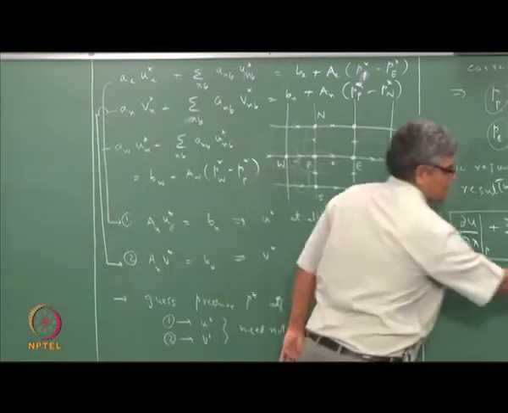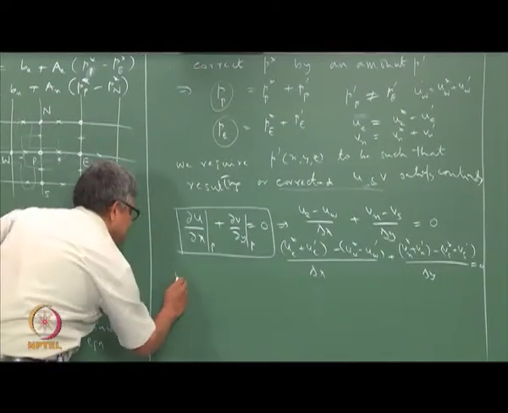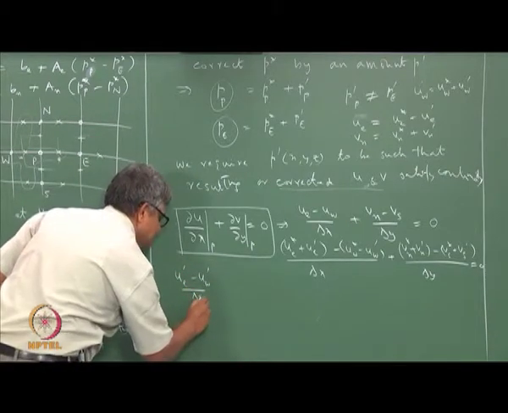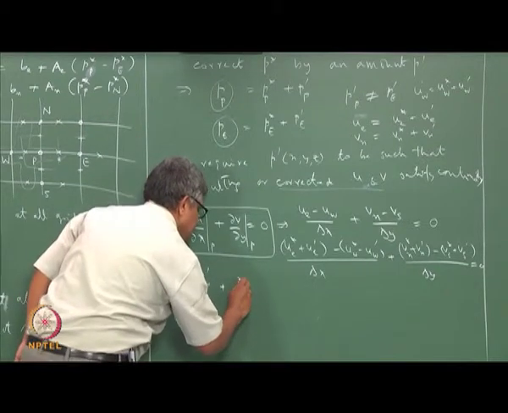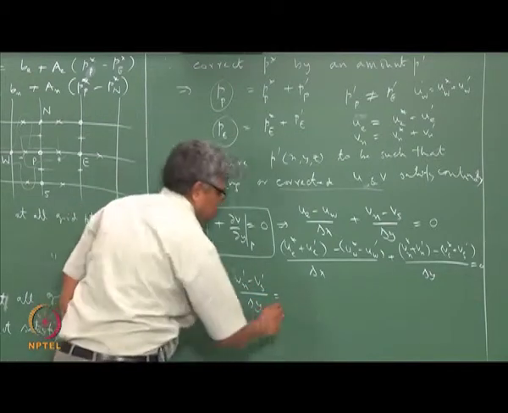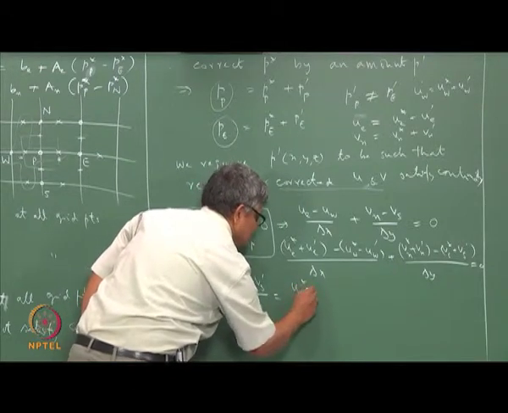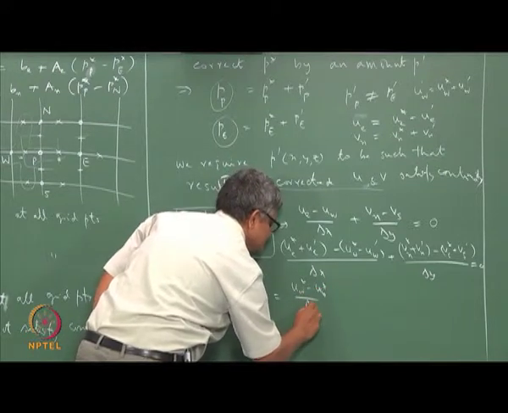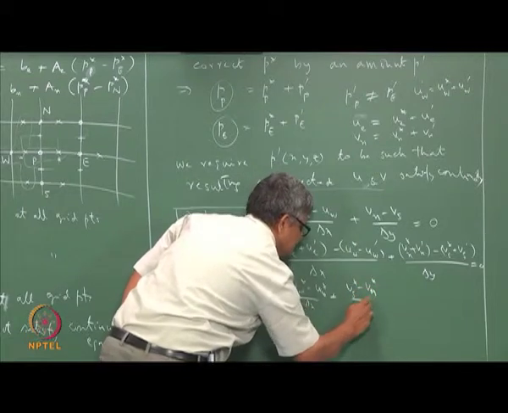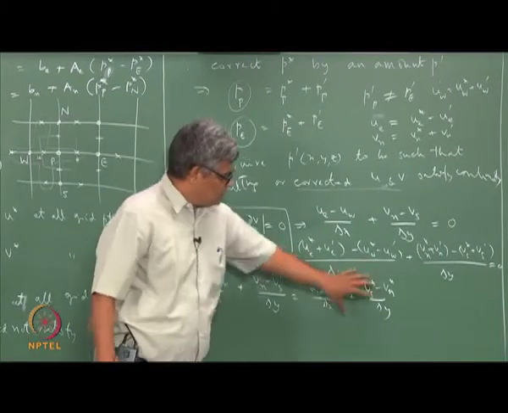So all the quantities that are starred here are known, and we can take them to the right hand side and write this as ue prime minus uw prime by delta x plus vn prime minus vs prime by delta y is equal to, for example, uw star minus ue star by delta x plus vs star minus vn star by delta y. Okay, so we have taken the starred quantities which are known onto the right hand side.